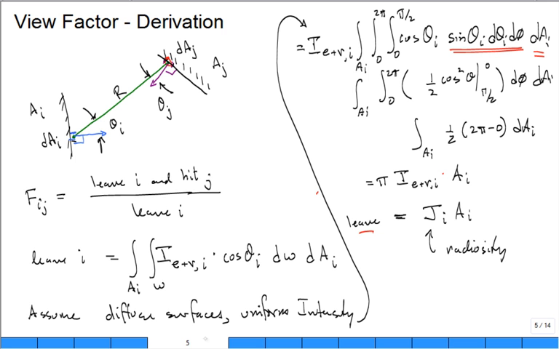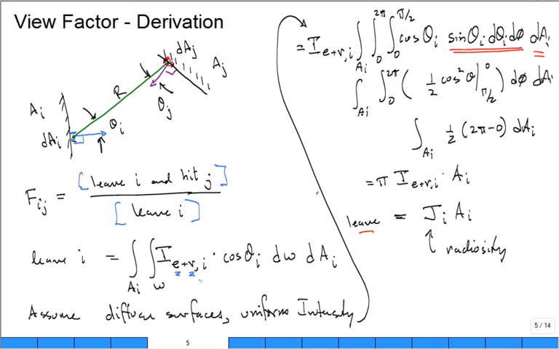Well, you just start from, you take into account all that leave I and that hit J. And you divide it by all of it, the photons, the emission, that leave I. Okay, well, what leaves I? It's either due to emission or reflection.